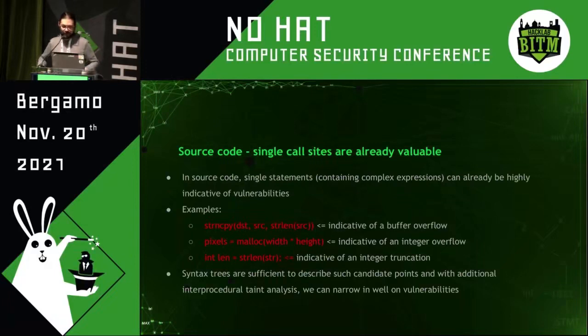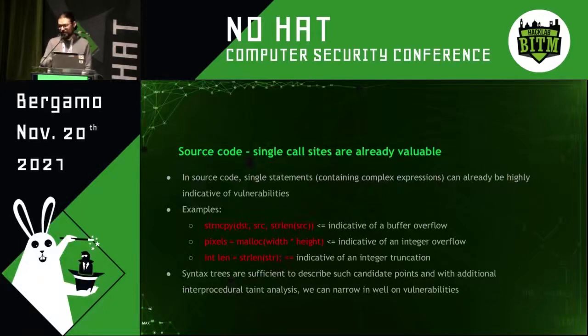So in source code, often you have a vulnerability, like a good candidate point that already concentrates itself in a single statement. Like for example, if you have a strncpy here, and you see that, okay, they're actually using the length of the source buffer for the copy operation, that's already pretty indicative of a buffer overflow. Sure, you want to make sure that you do some data flow analysis to actually ensure that you can get to that point, stuff like that.